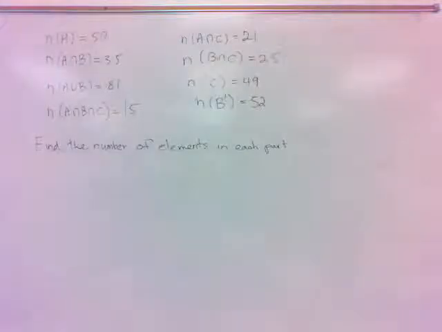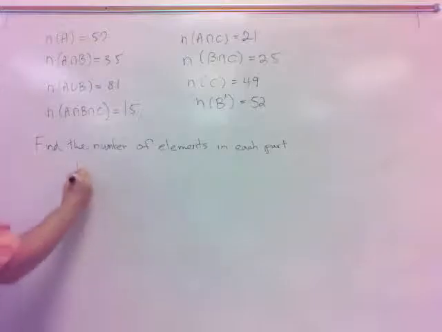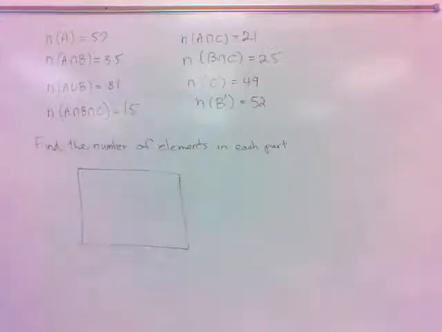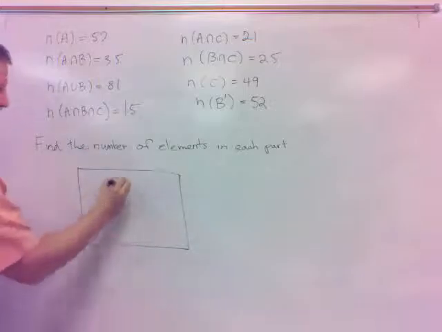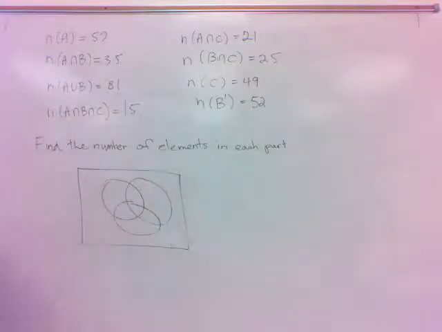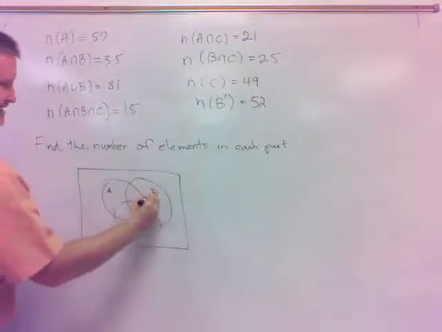Of course, the deal is I've got an A and B and C Venn diagram, don't I? So we got 3 rings, 3 ring circuits here. Okay? Got an A and a B and a C.